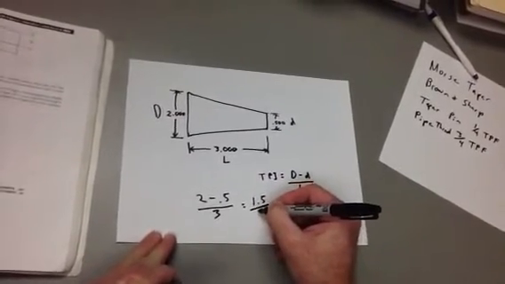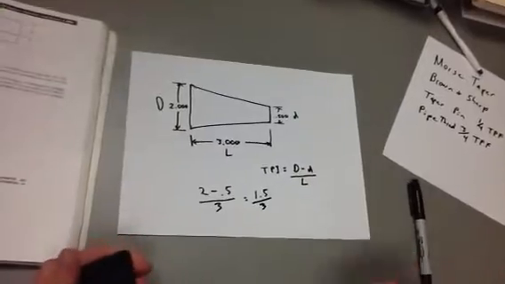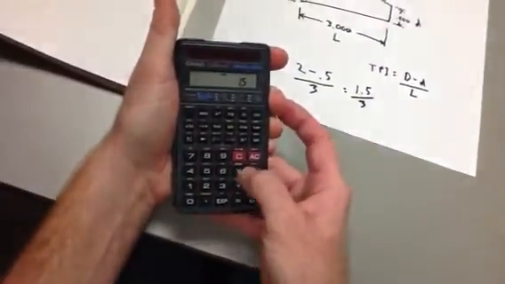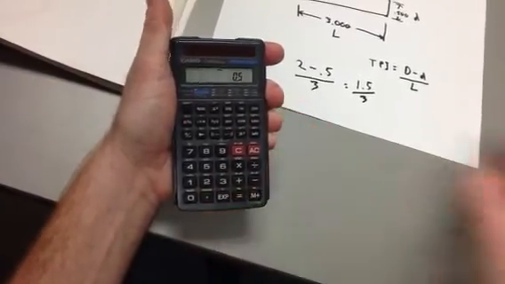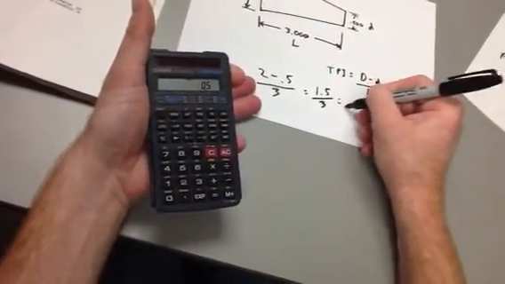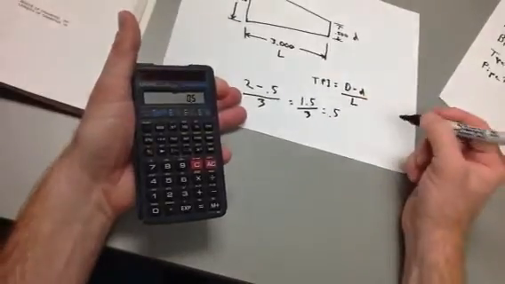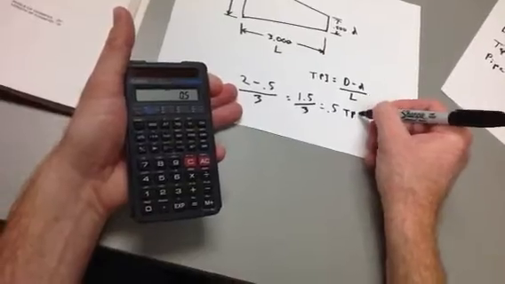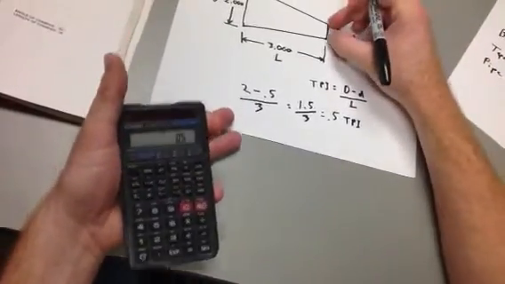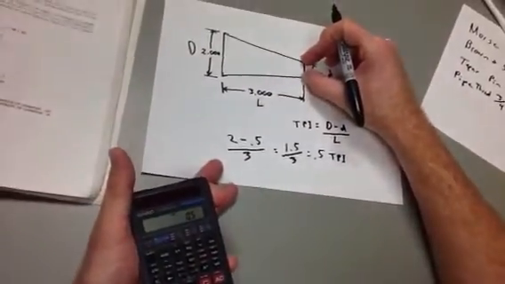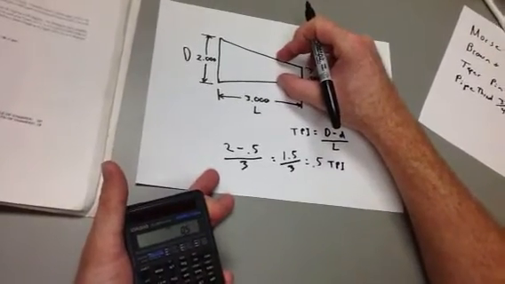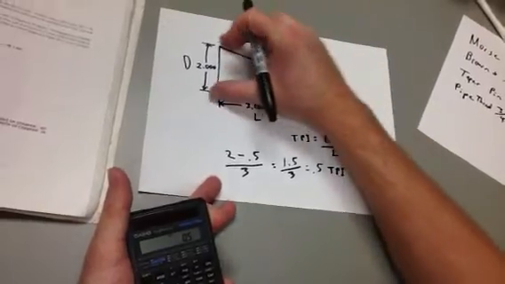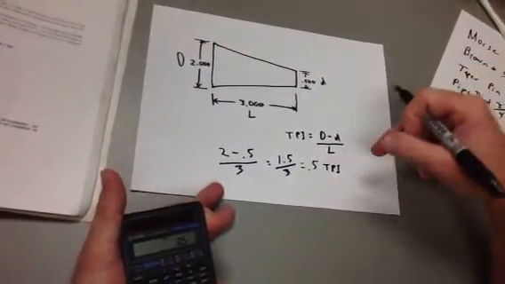And I take 1.5 divided by 3, that's going to equal 0.5. That means it's 0.5 taper per inch. That means for every inch, this diameter is going to change 0.5. It's going to change a 1/2 inch as it goes up. That is the taper per inch.